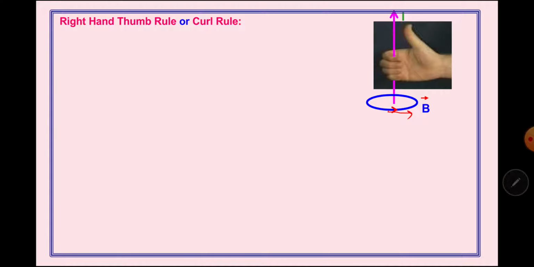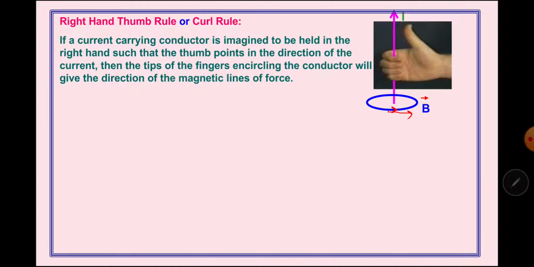According to the location of point of observation, the direction of field will keep on changing. So if the current carrying conductor is imagined to be held in the right hand such that thumb is in the direction of current, then the tip of fingers encircling the conductor will give the direction of magnetic field lines. So this was the rule to find out the direction of magnetic field.